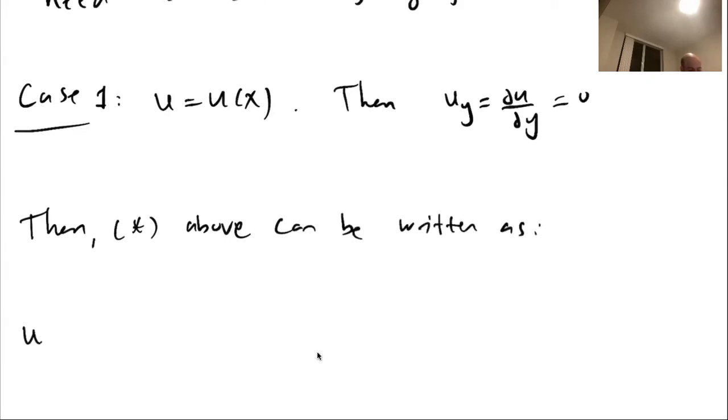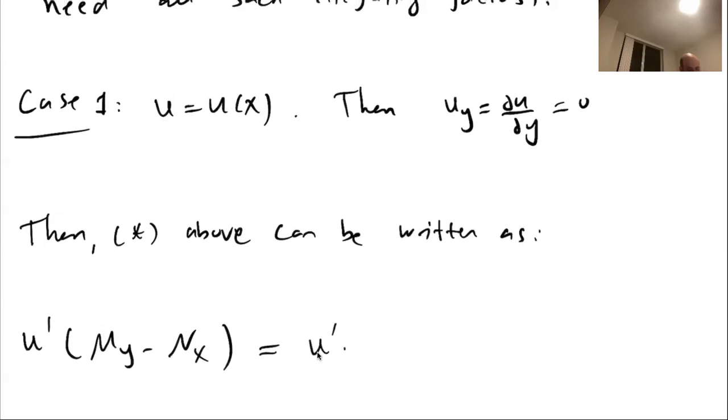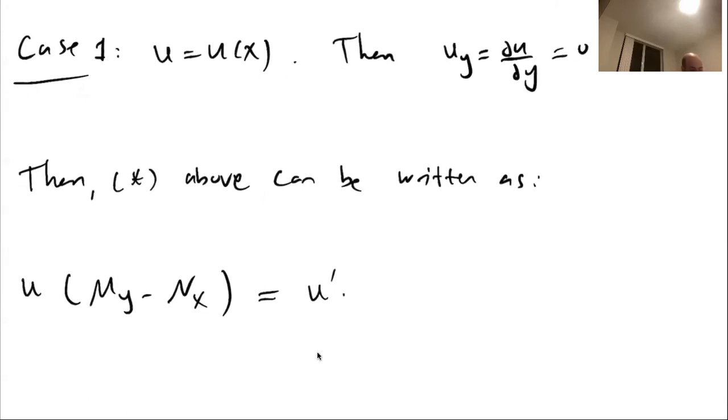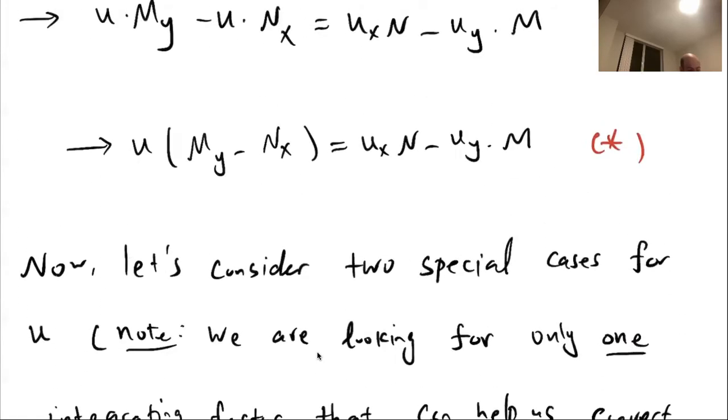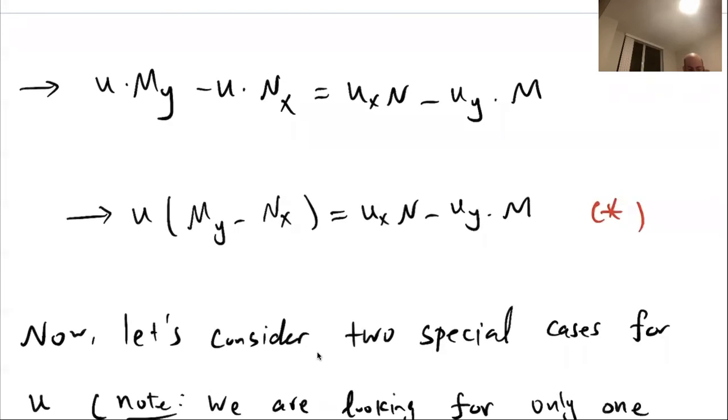u times M minus N_x... equals u prime times N, because u_x will be u prime.